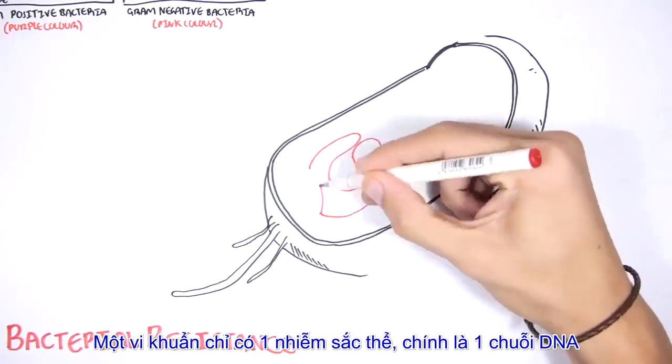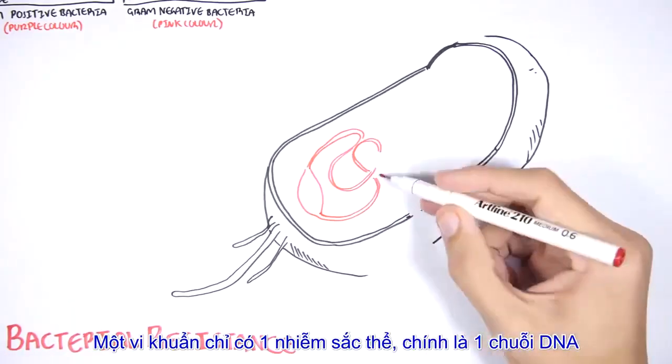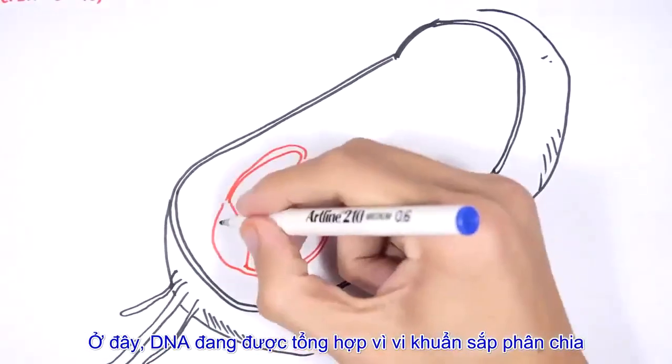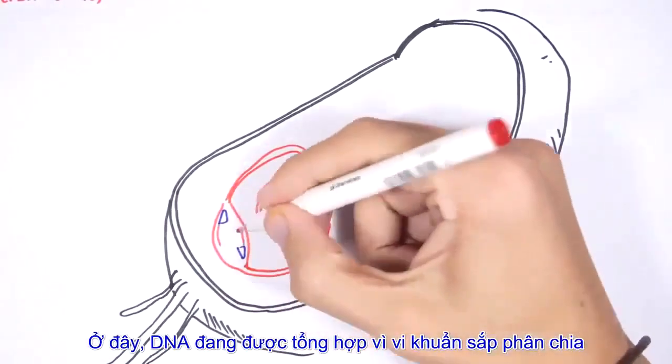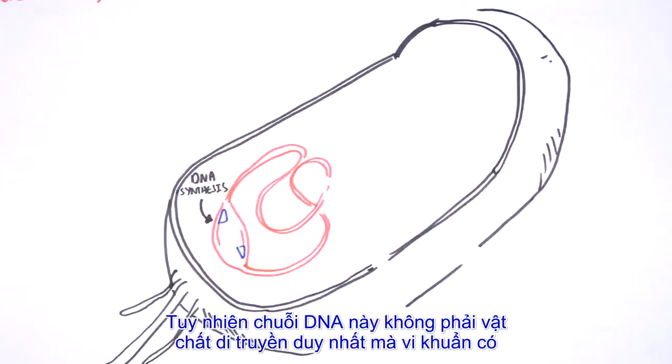One bacteria only has one chromosome, which is one circular DNA, basically. Here, the DNA is being synthesized because the bacteria is going to divide. However, this circular DNA is not the only genetic material that the bacteria carries.